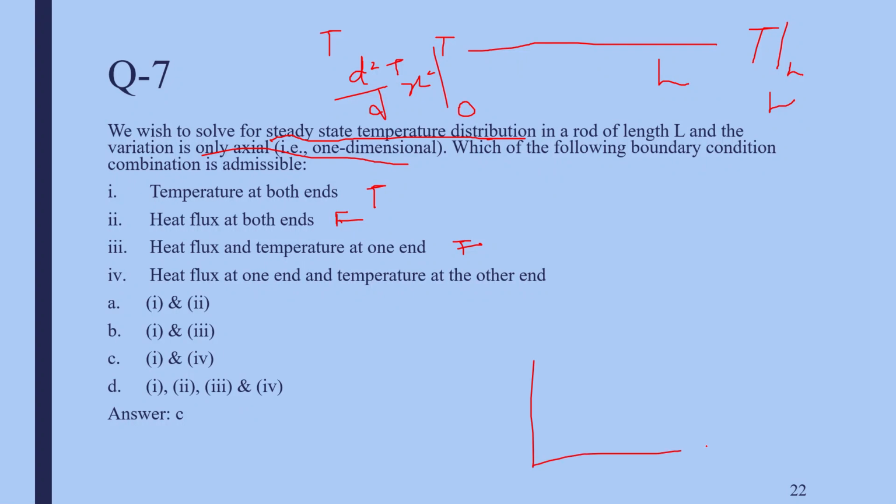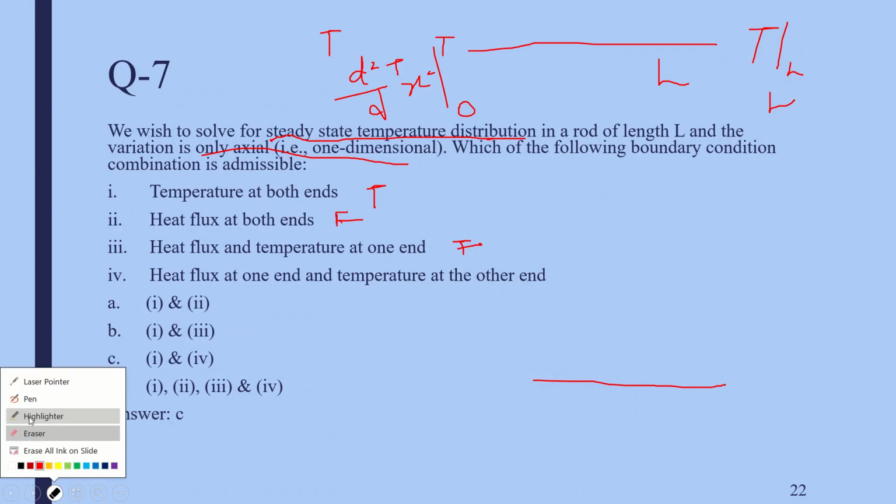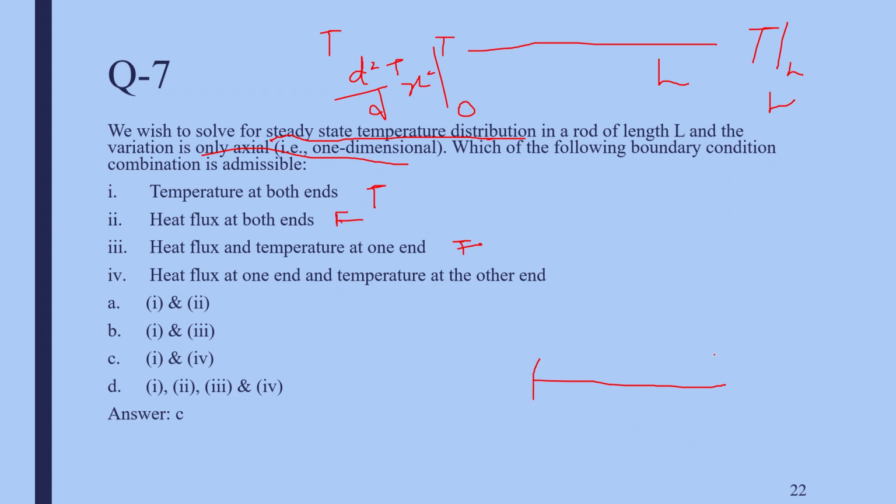But logically thinking, we need to know what a boundary condition is. Let us take the provided example itself. We have the rod whose length is L, and the temperature is varying here, like it can be increasing or it can be decreasing, right?